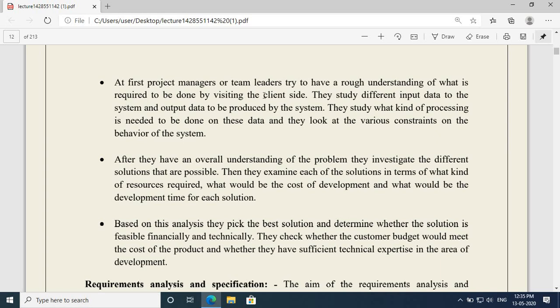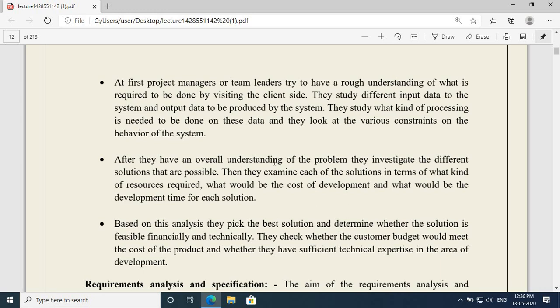That requirement must be specified in a document. That document is known as the Software Requirement Specification document, the SRS document, and we will discuss the SRS document clearly in a later chapter.